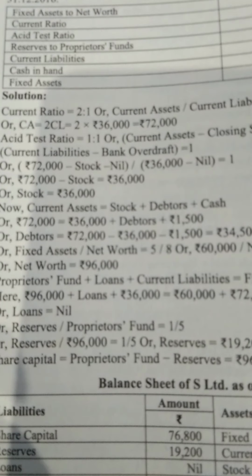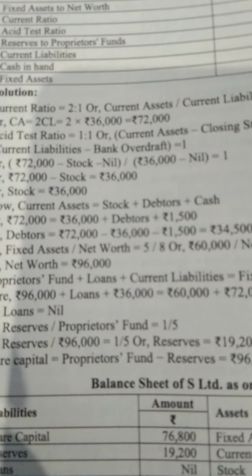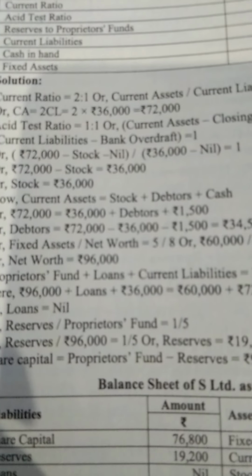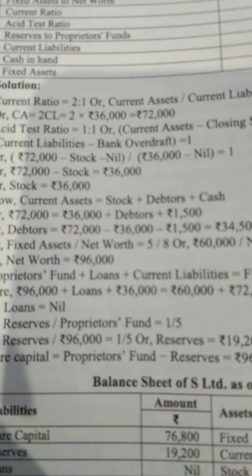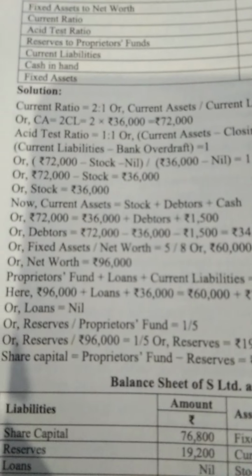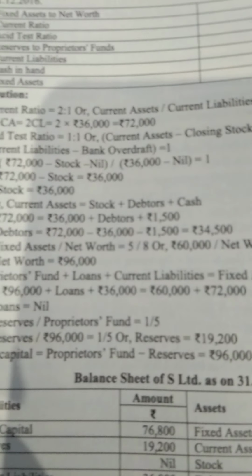Again we are putting it into an equation. Current assets 72,000, stock we have calculated 36,000, debtors we do not know, cash given in the question is 1,500. By doing the equation we get debtors as 34,500.